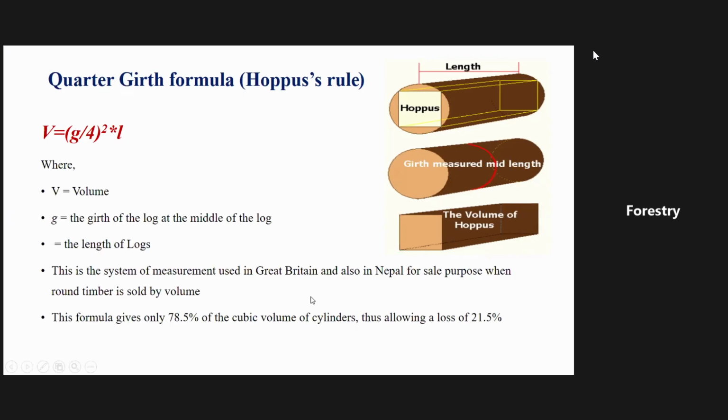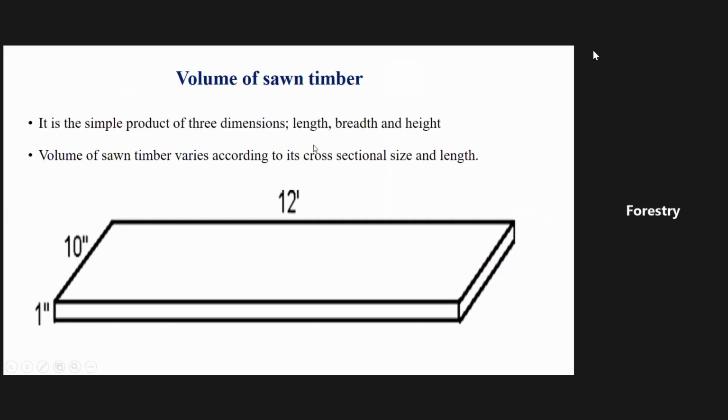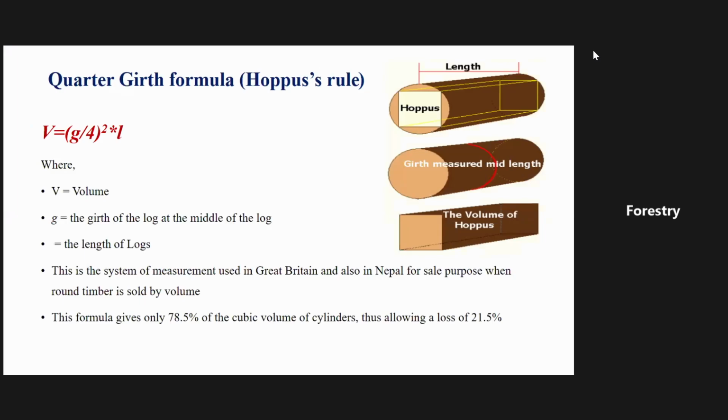This formula gives only 78.5% of the cubic volume of cylinders, thus allowing a loss of 21.5%. So this is about calculation of the volume of logs, whether single or stacked. We'll use these four formulas.